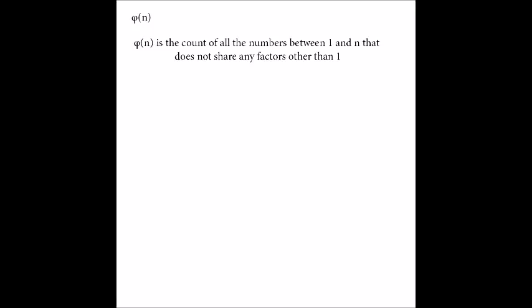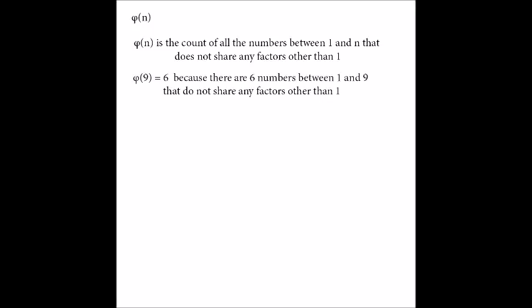So for phi of n, if you're doing 9, 9 has common factors with 3 and 6, and their common factor is 3. But the rest of the numbers, which are 1, 2, 4, 5, 7, and 8, have a greatest common factor of 1. So phi of 9 would equal 6 because there are that many numbers that only have a greatest common factor of 1.